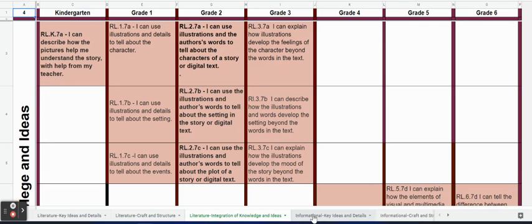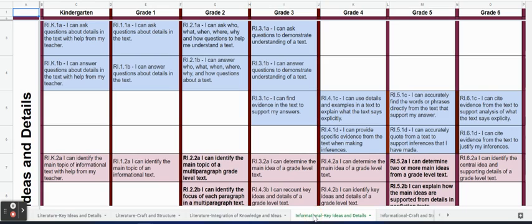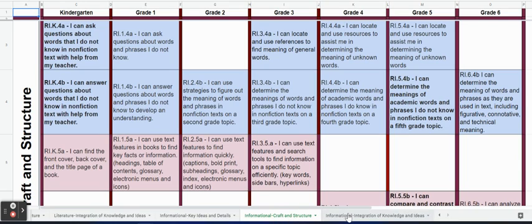And then you'll notice as you scroll to the right, the informational standards are here, and these are shaded in different colors so that you can easily tell which strand you are in. And they have the same subtopics of key ideas and details, craft and structure, and integration of knowledge and ideas.